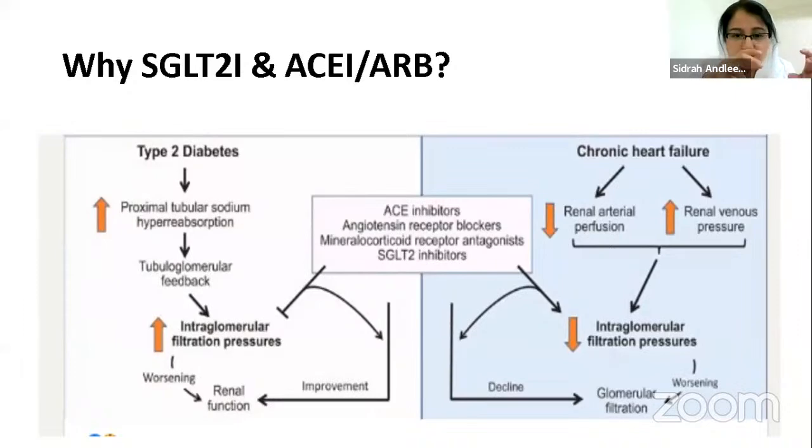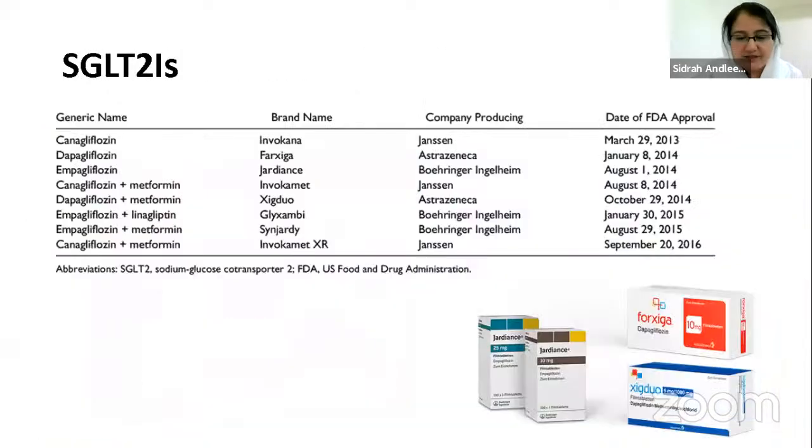So they reduce the pressure of the blood in the afferent arterioles, and the venular pressure, which is bringing the blood back to the heart, is reduced. So they reduce the glomerular blood pressure as well as the cardiac blood pressure. They have the mechanistic role in that, and because of that, they have the mortality benefit, and they're so well tolerated.